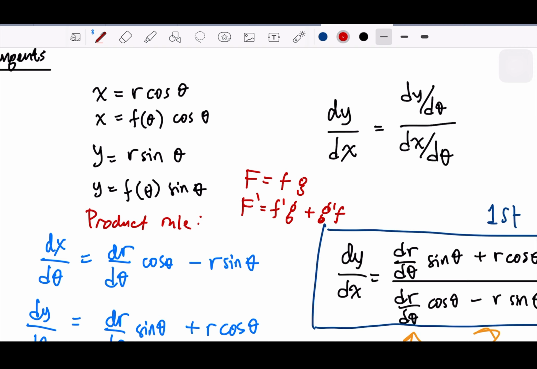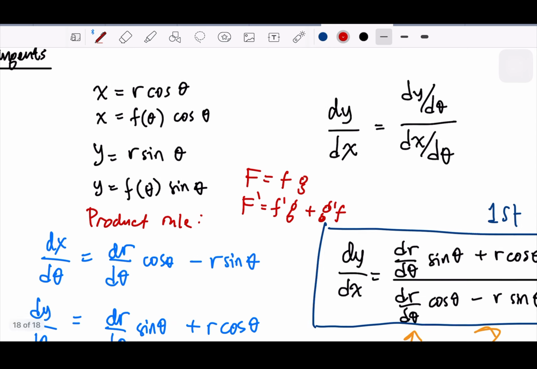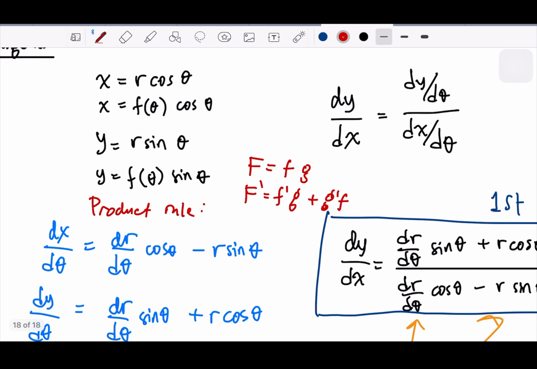But of course, sometimes there is some habit: if you write x first and y, you put x on the top and y on the bottom. So be careful on that. Okay?